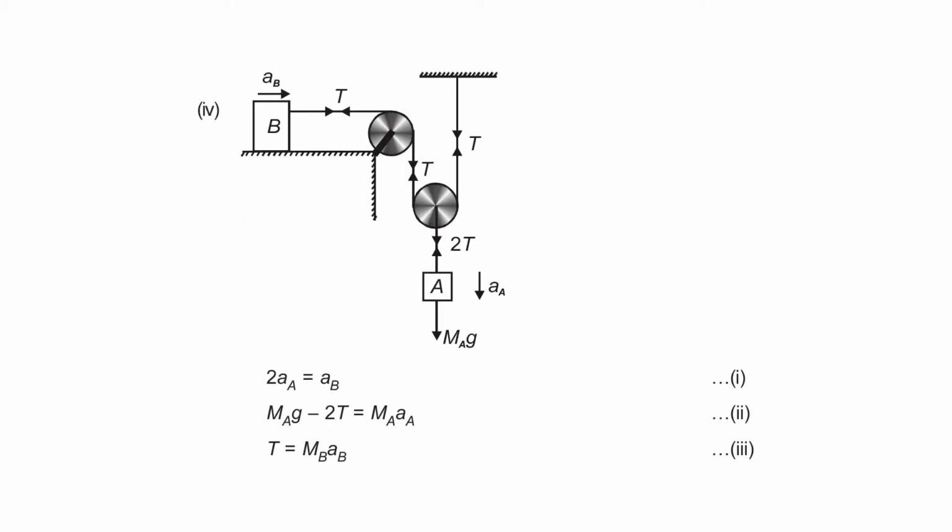Case number 4. 2 into acceleration of A is equal to acceleration of B. Mass of A into g minus 2T is equal to mass of A into acceleration of A. T is equal to mass of B into acceleration of B.